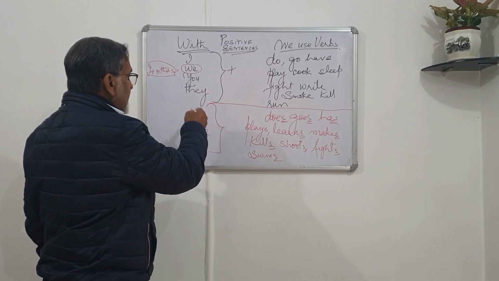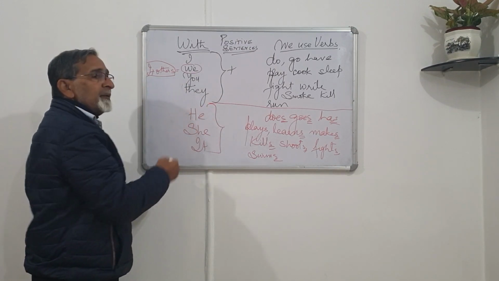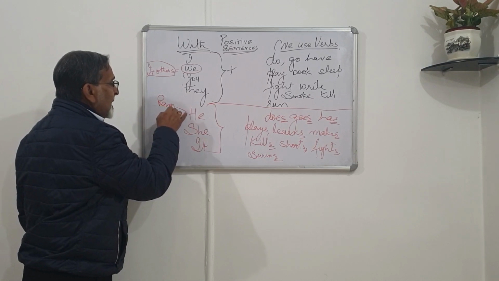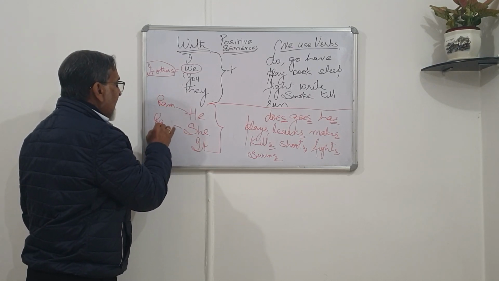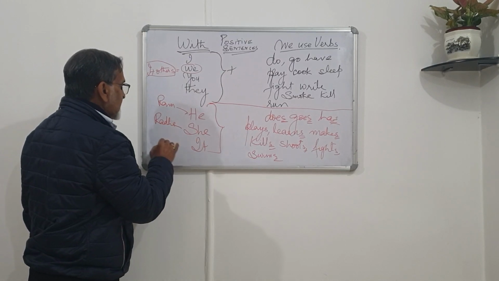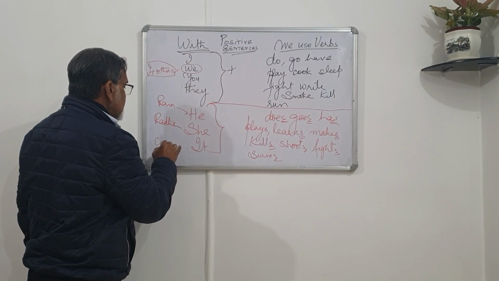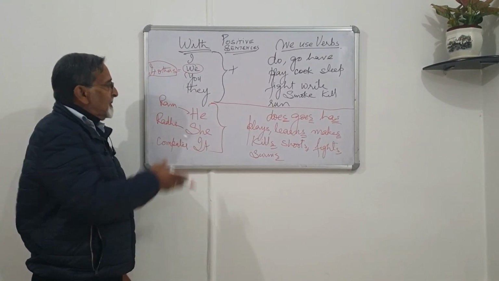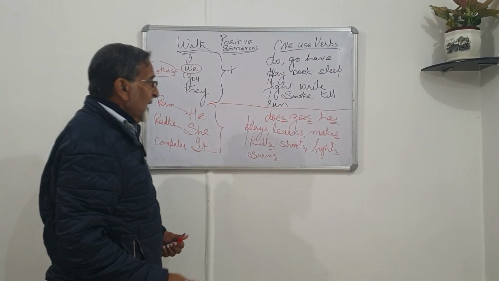You, they, he, she, it are pronouns of the third person. So Ram will be he, Radha will be she, and computer will be it. Similarly, you have all of them.